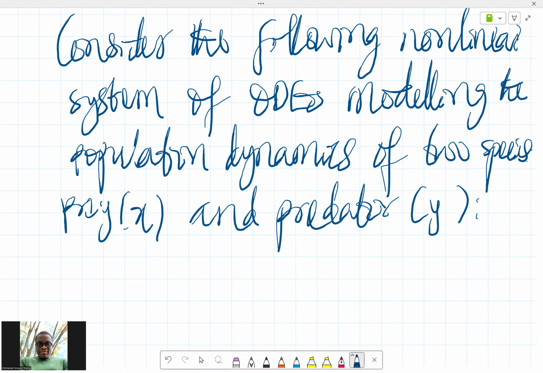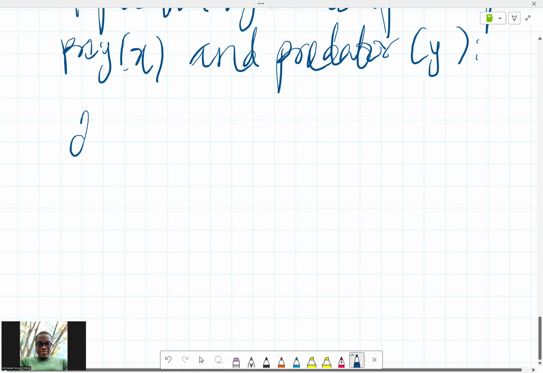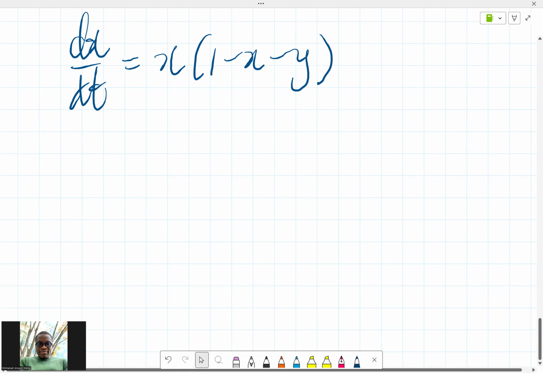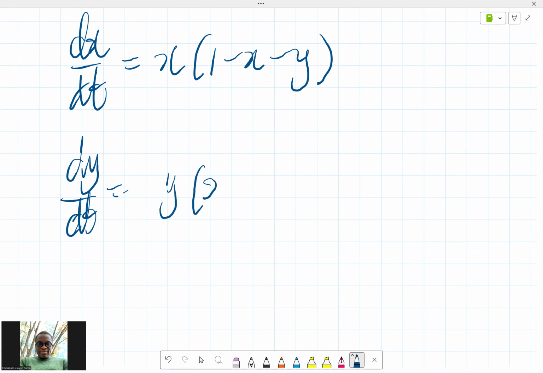See how this now goes. You have dx/dt equals x times (1 minus x minus y). You can see x times x here automatically makes this system nonlinear. And then when you come to dy/dt for the predator, you have dy/dt equals y times (2 minus x minus y). Again, y times y is y squared. That also makes the system nonlinear.